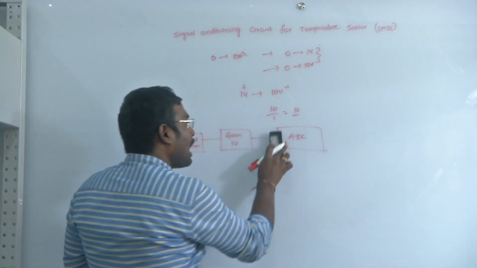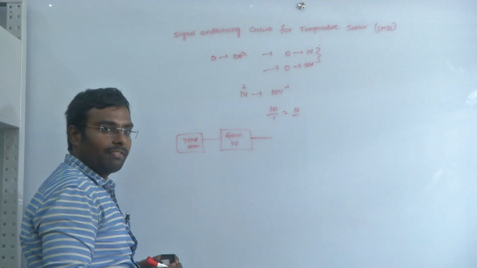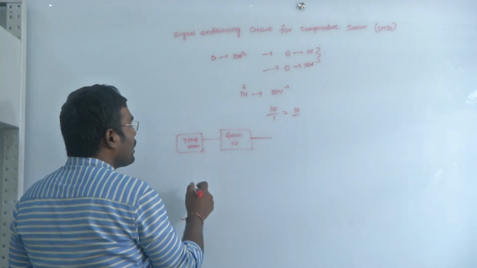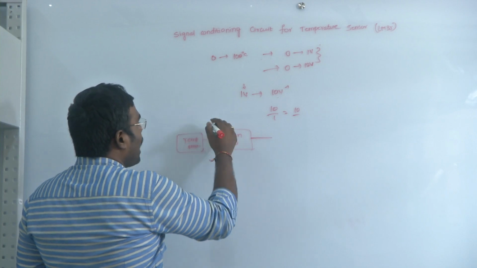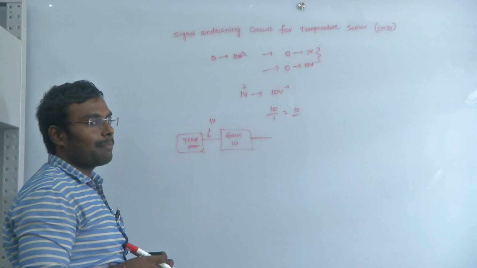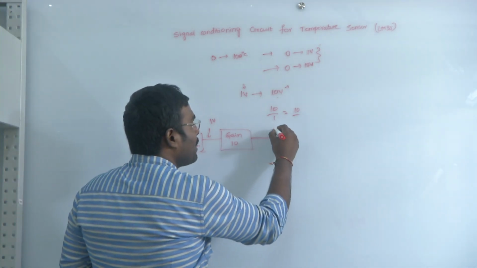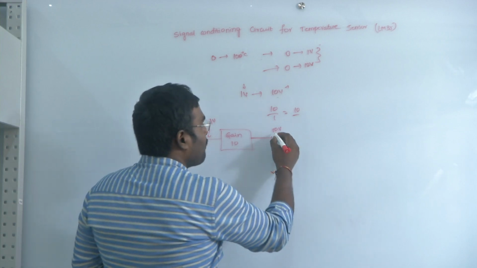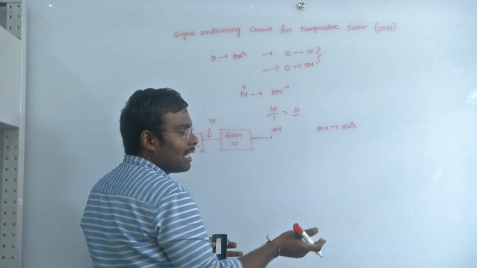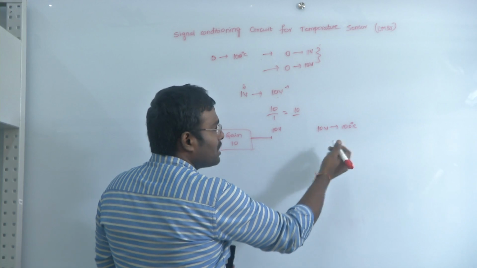Or even if you do not have an ADC, we can easily visualize the effect of having a gain of 10 in the system. In the previous case, looking at the output, if I get 1 volt, we understand the temperature as 10 degrees. But in this case it will be represented as 10 volts, which means that if I get 10 volts, the physical parameter of interest is 100 degrees, the temperature is 100 degrees.